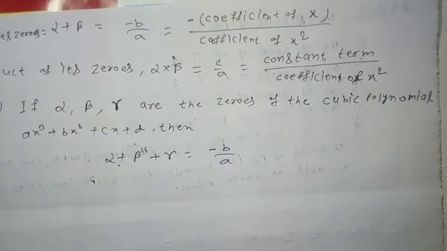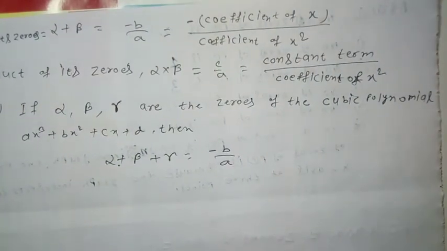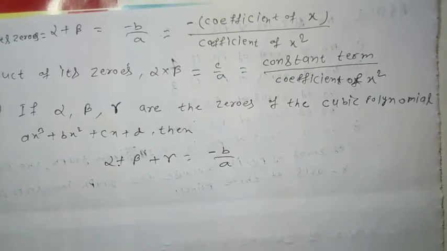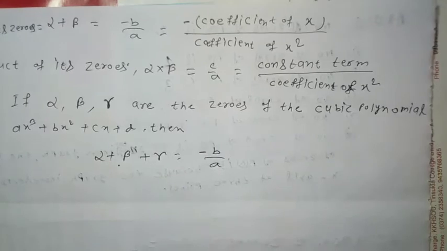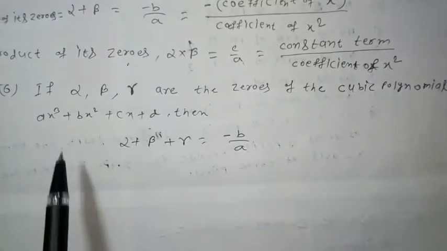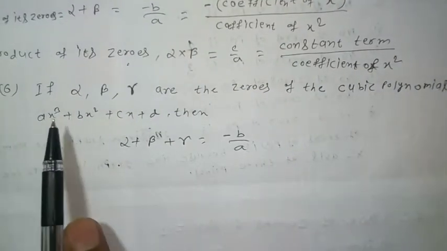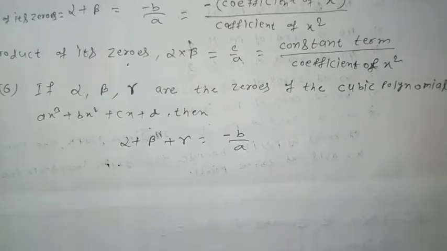Same, minus the coefficient of x square by the coefficient of x cube. Here a is the coefficient of x cube and b is the coefficient of x square.